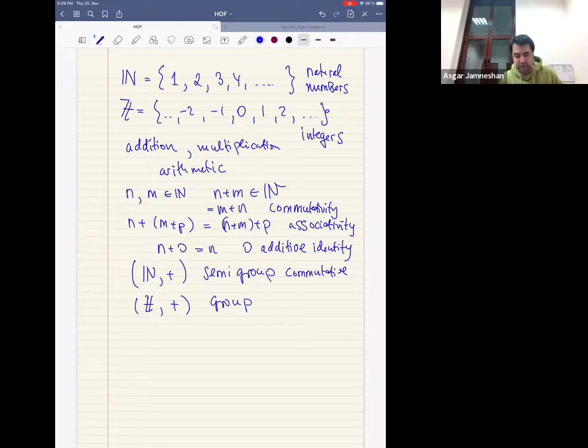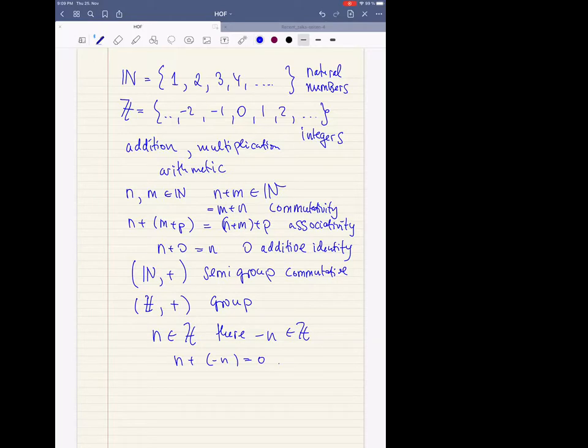What makes a distinction between the integers and the natural numbers is that for all n in Z, there is minus n, also in Z, such that n plus minus n is equal to 0. Okay, so there exists.